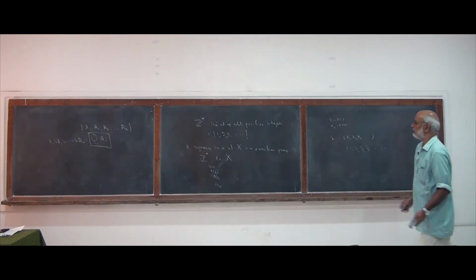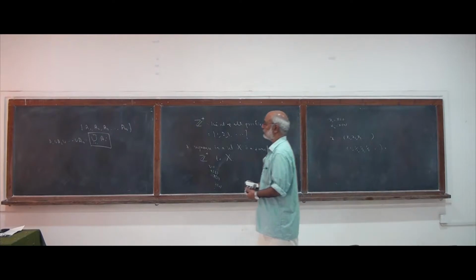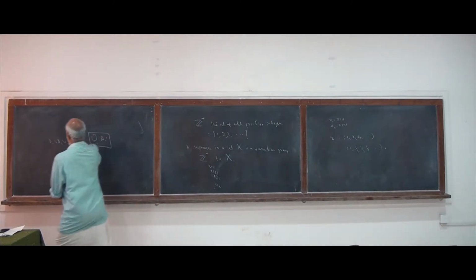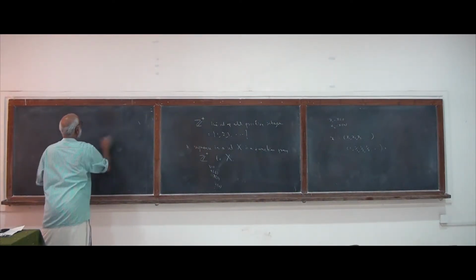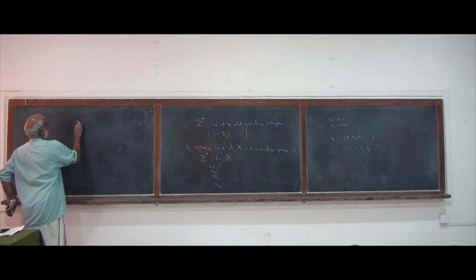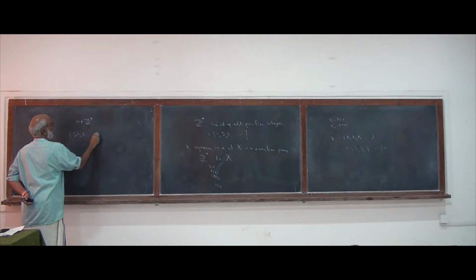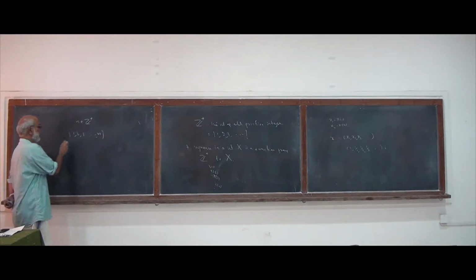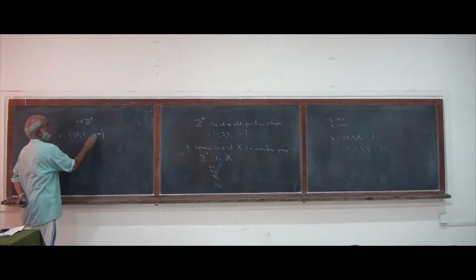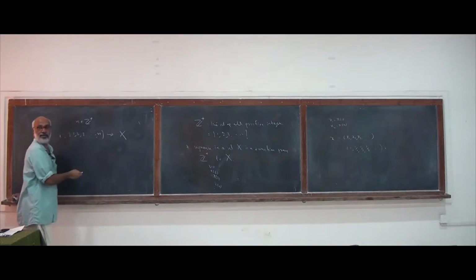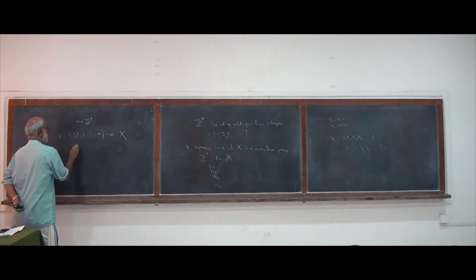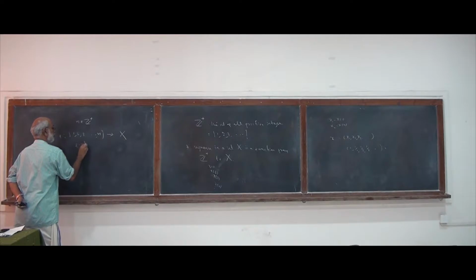And there is this concept of a finite sequence also. You take a positive integer n and you take the set 1, 2, 3 up to n. And if you take a function from this set to any set X, such a function is called a finite sequence.